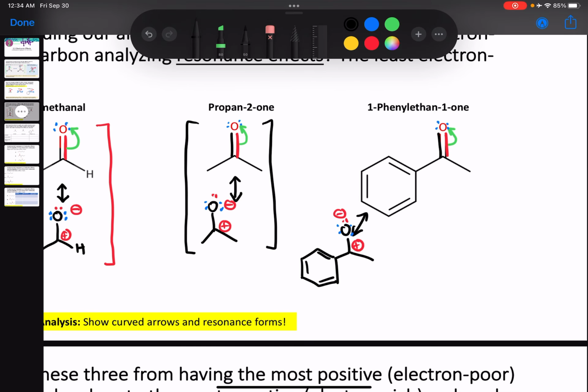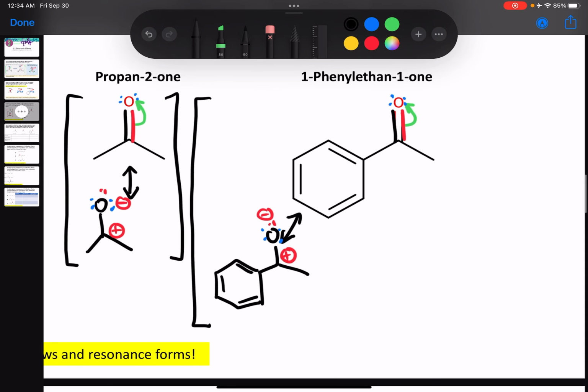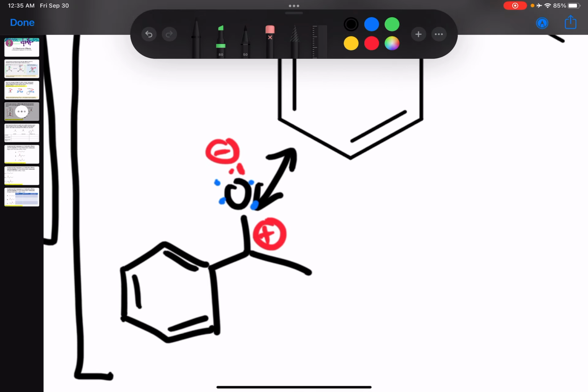Now, the presence of other pi bonds in phenylethanone can already give us a hint that it will have several other resonance structures. So let's take a look. Let's color code the other pi bonds.